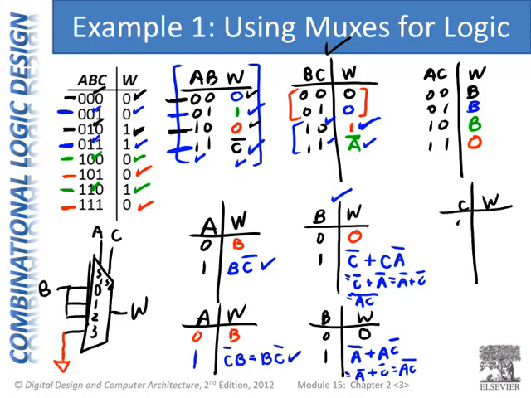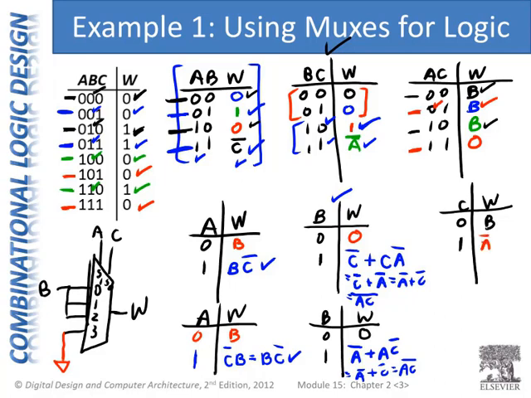So if we have C on our select line, again, there's two options. We can look over here. C is 0 in these two rows, so the output's B, independent of A. Now we have C is 1 in these two rows. The way we can get a 1 is if A is low and B is high.